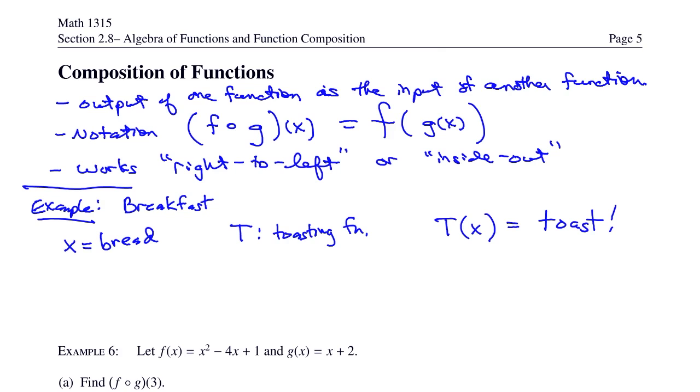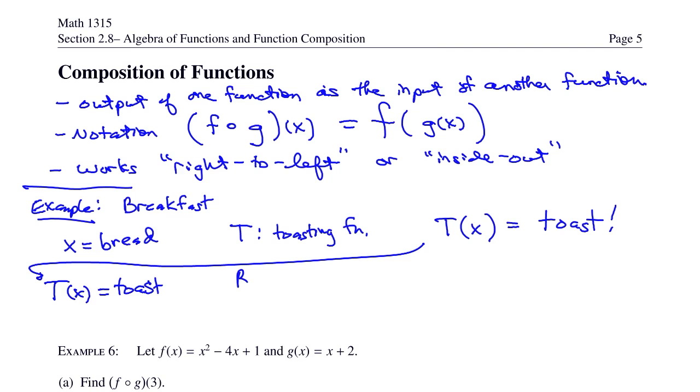Now, once you have toast, then what do you do to toast? Butter, right? So now we go again. So t of x is toast. b is the buttering function. And what do you butter? You butter the toast. So is it b of x? No. b of x would be butter the bread.